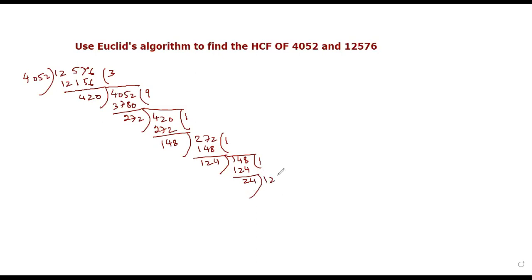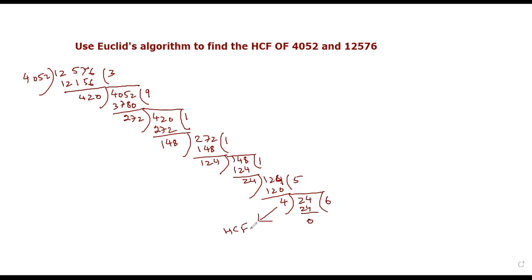Now 24 divides 124. So it will go 5 times. 24 fives are 120. So 4 will be the remainder. Now 24 divided by 4. 4 sixes are 24, remainder 0. So what is the HCF?